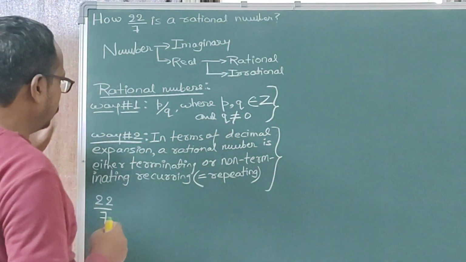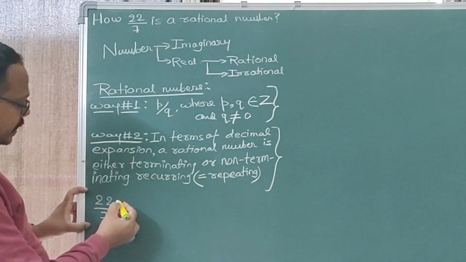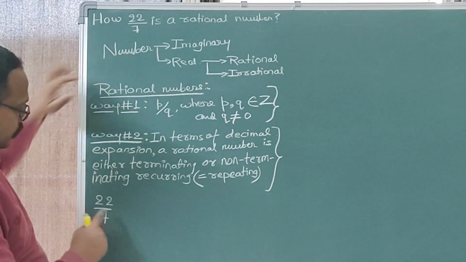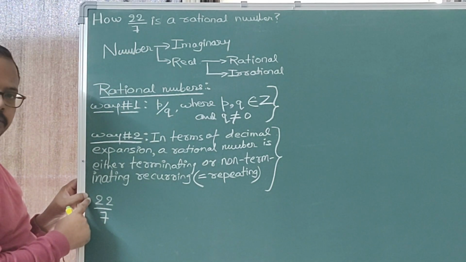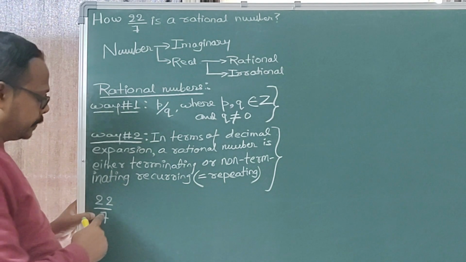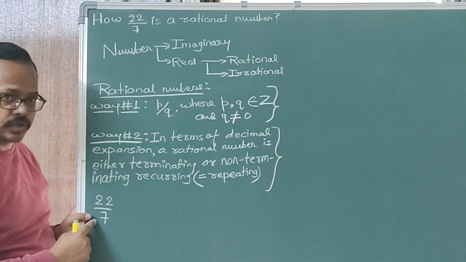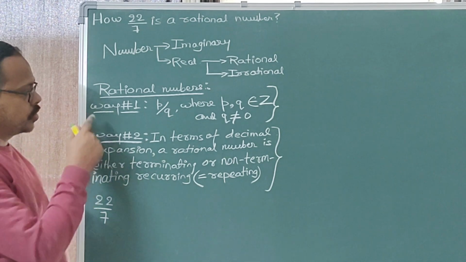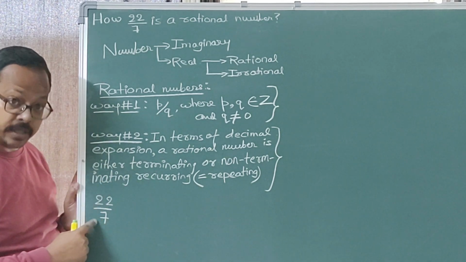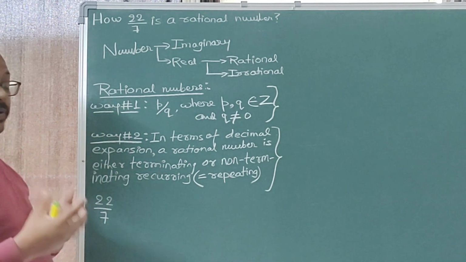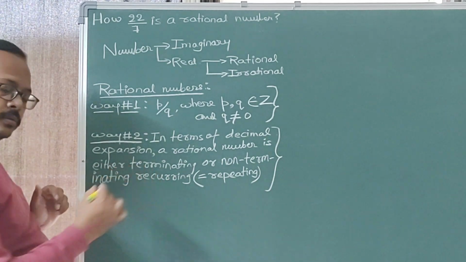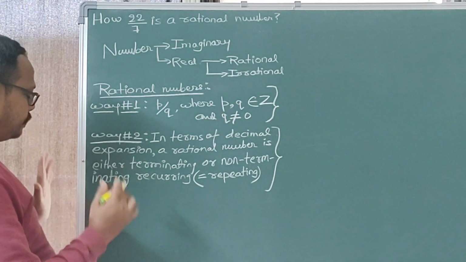From way 1 it is quite clear that it is represented in the form of p by q, where p is 22 and the divisor q is 7, which is not equal to 0. So as per the definition of a rational number in fractional form, 22 by 7 satisfies the criteria of being a rational number.